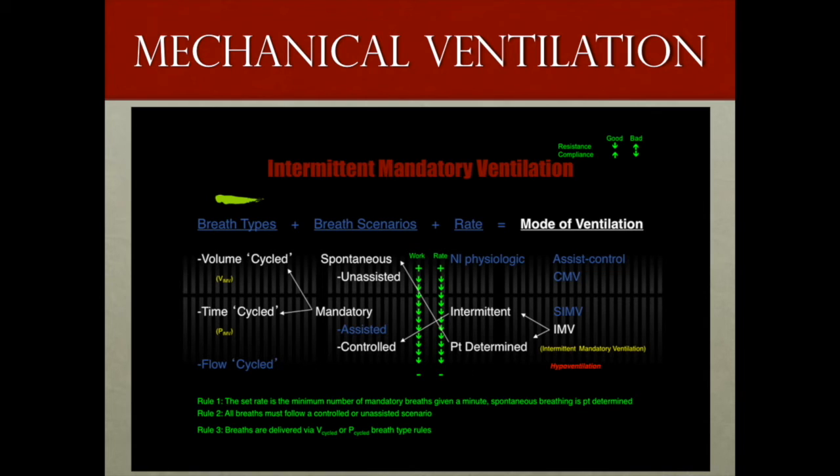By making the mandatory breath assisted rather than controlled, you add synchronization to the mode. Because the mode relies on spontaneous breathing in between the mechanical ventilated breaths, the risk of the mode is hypoventilation.